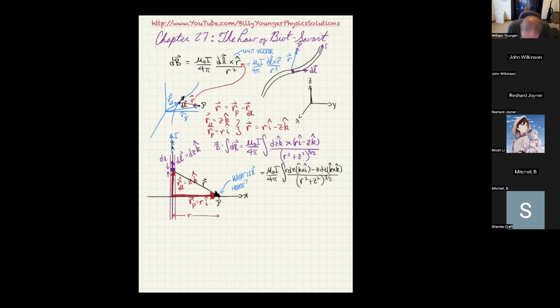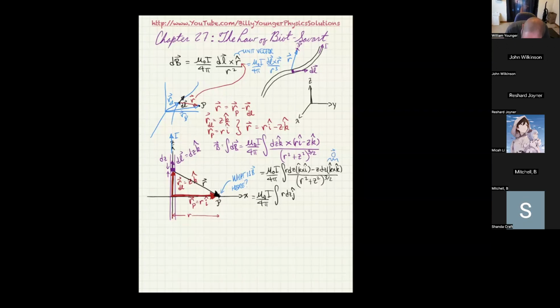So I'm going to say equals mu 0 I over 4 pi times the integral of r dz j hat. Now the k hat cross k hat, that's just 0. So that one completely disappears.